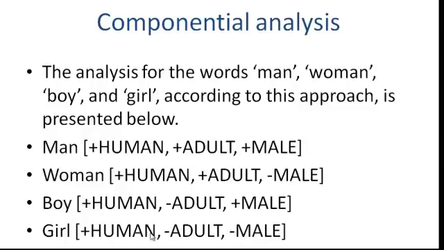But with the other components, we know a girl is a human, so plus human. We also know that a girl is not an adult, so minus adult, just like the way we saw with a boy.